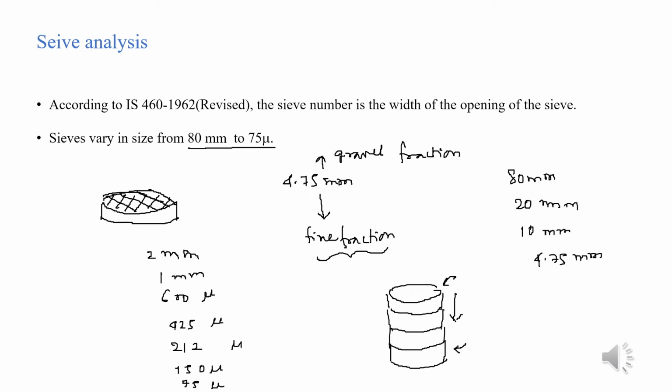Also, a pan or a receiver is kept at the bottom, where the soil is finally retained after passing through the set of sieves, and a lid is placed at the top of the top sieve to retain the particles so that they do not scatter around when the whole arrangement is shaken.